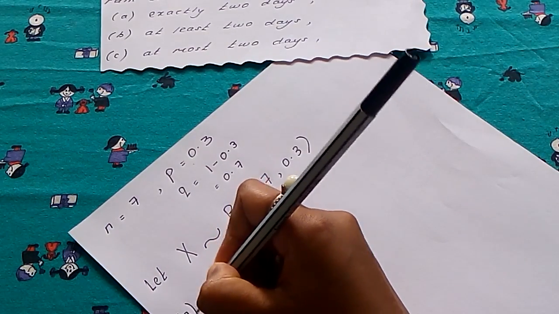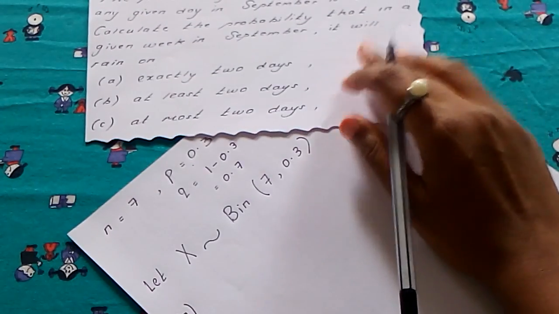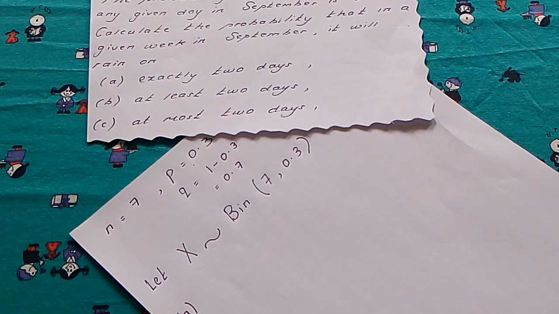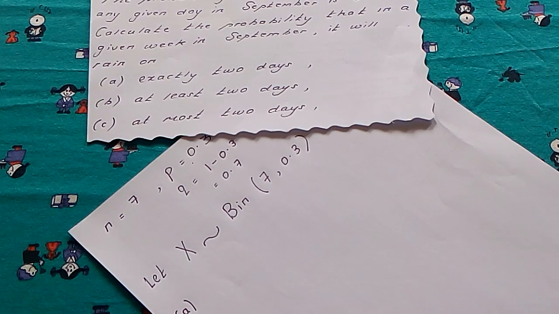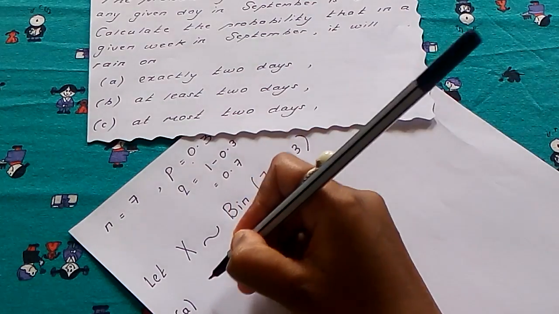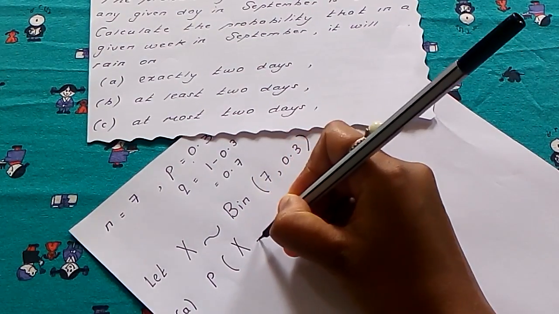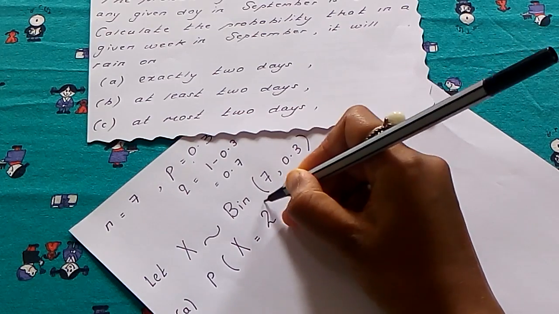So still let's do it again. Part A. We are asked to find the probability that in a given week it will rain on exactly 2 days. So therefore here my r is 2. So we need to calculate the probability of X is equal to 2.